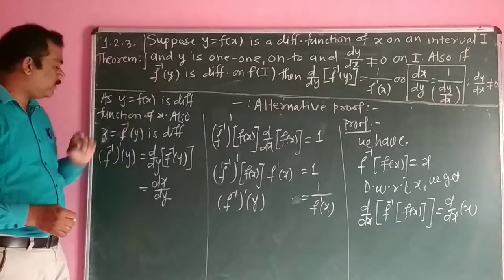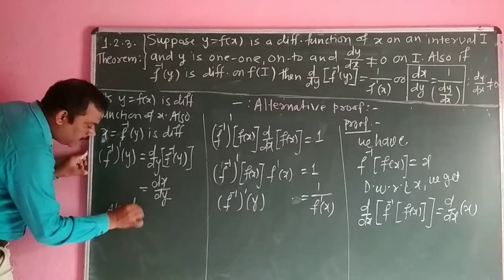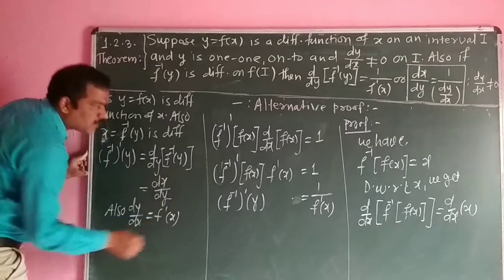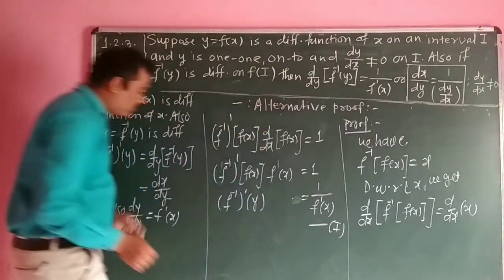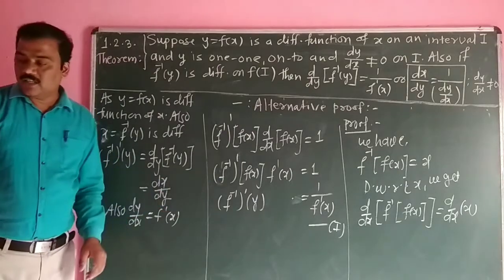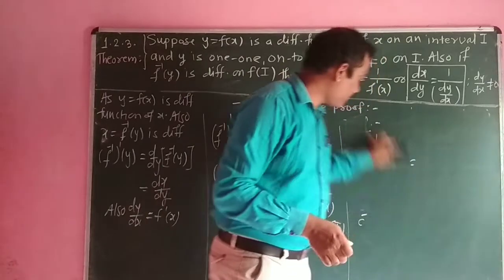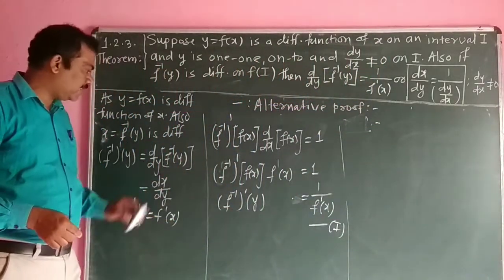Also, y is equal to f of x is differentiable, so dy by dx is equal to f dash of x. So we give numbers to these first, and use these values here. Then what do we get? For this we use the value of dx by dy.